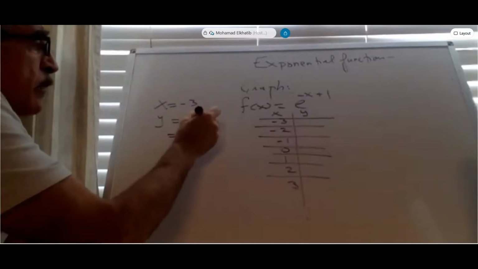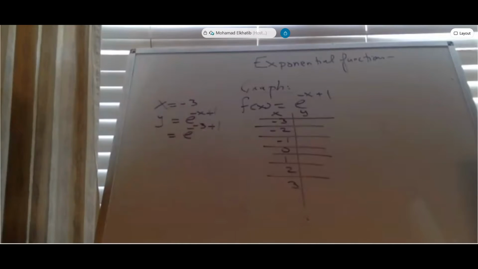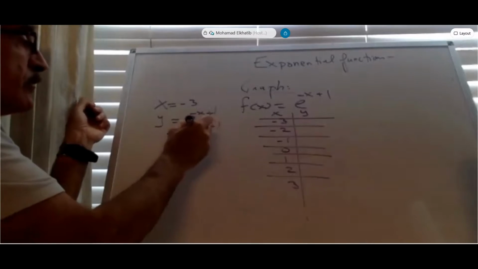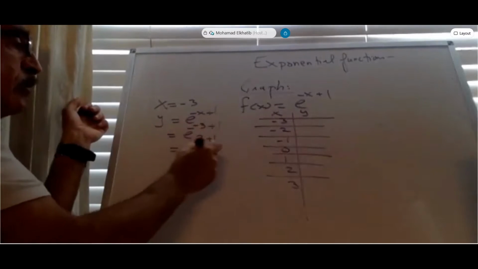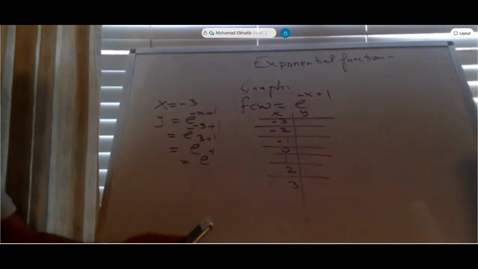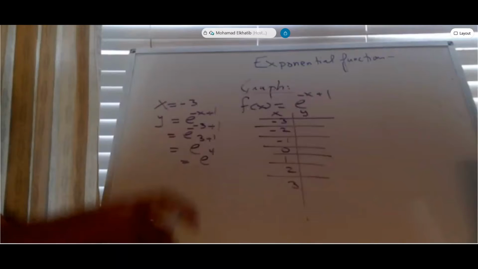Everywhere I see X, I'm going to put -3. See, there's a negative and X is negative. Two negatives in a row make it positive. So on the calculator, I need to find e to the 4. So I'm going to go to my calculator, 4, e to the x. Wow, I get 54.59.